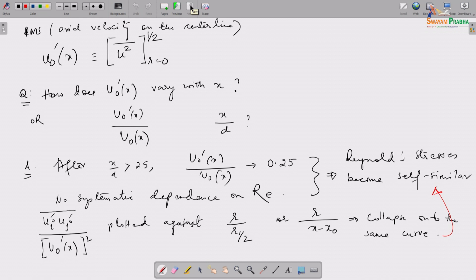Something like if you take the RMS of the axial velocity on the central line, that value is about 1 by 4. Or say the velocity u naught dash is about 1/4 that of the central velocity. Okay.